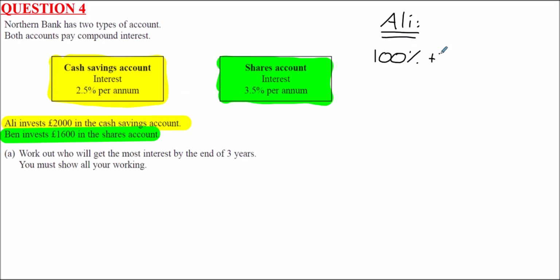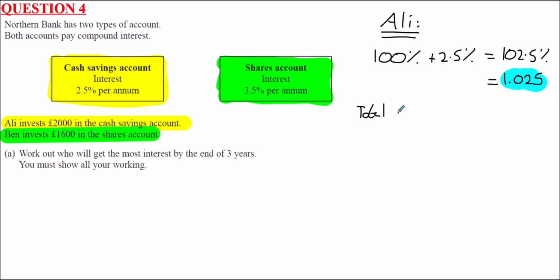So 100% plus 2.5% gives us 102.5%, and that equals 1.025. And that is the decimal multiplier. That's what we're going to multiply Ali's investment by each and every year the account has that money inside of it.